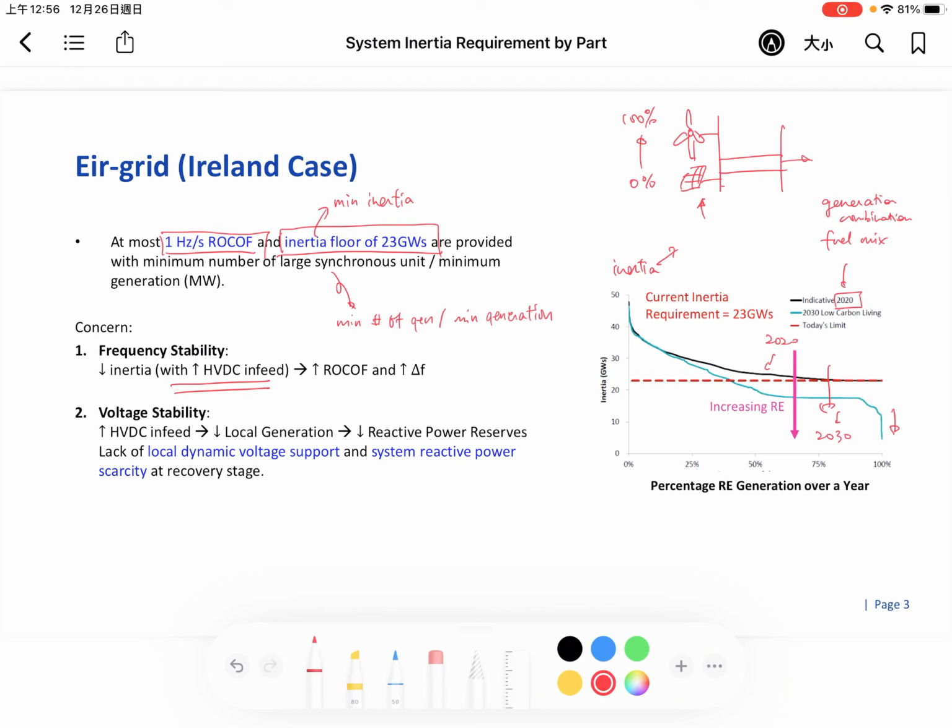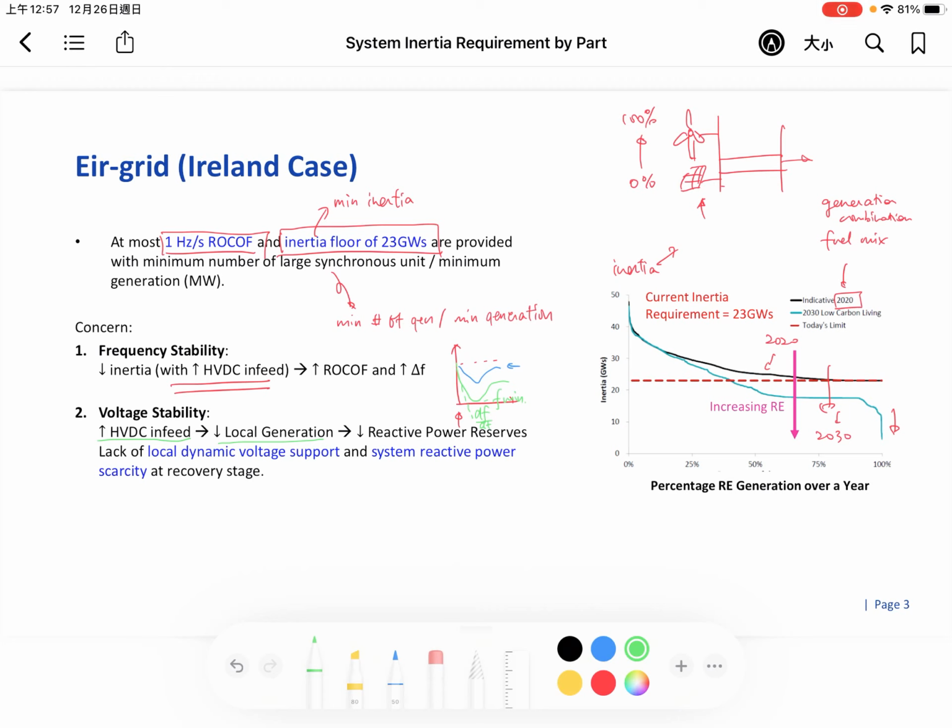If the inertia is reduced, the RoCoF is increased and delta F is also increased, which means that if a frequency event occurs, before we had the blue line and now we have the green line, with increased RoCoF and also a lower minimum frequency.